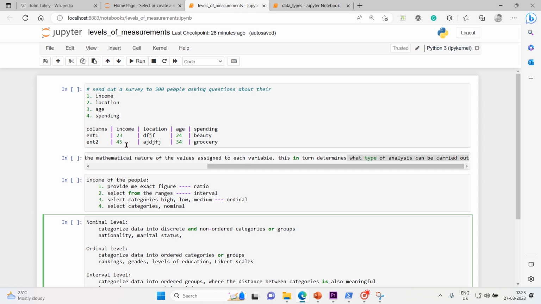If we can do this ratio between values, that comes under the ratio level.